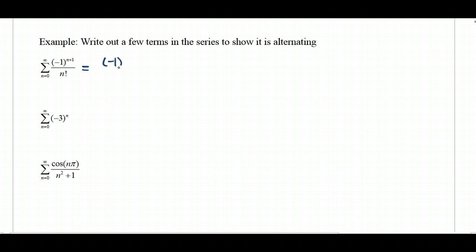So we're going to have (-1)^1 over 0 factorial plus (-1)^2 over 1 factorial, plus (-1)^3 over 2 factorial, and we'll go one further: (-1)^4 over 3 factorial.